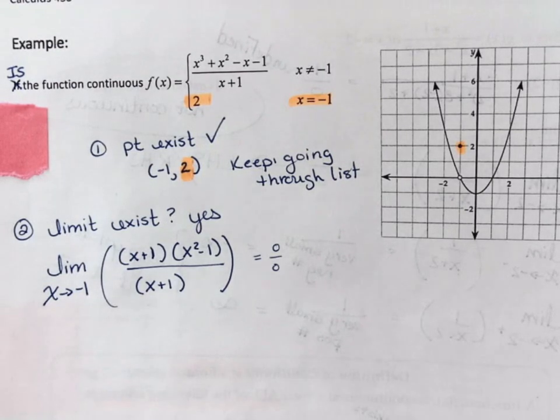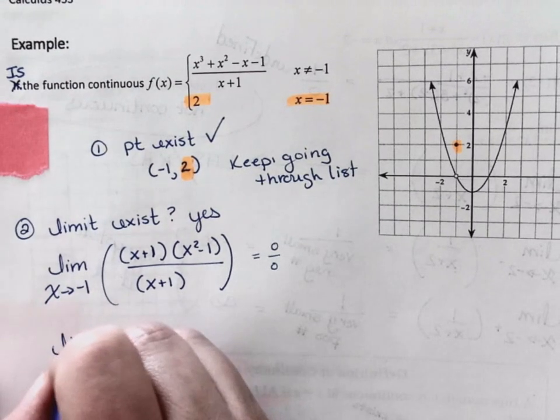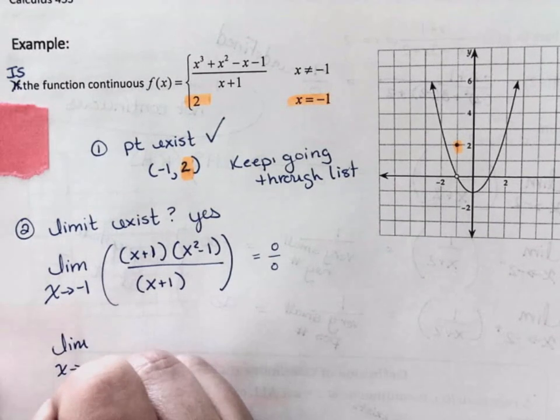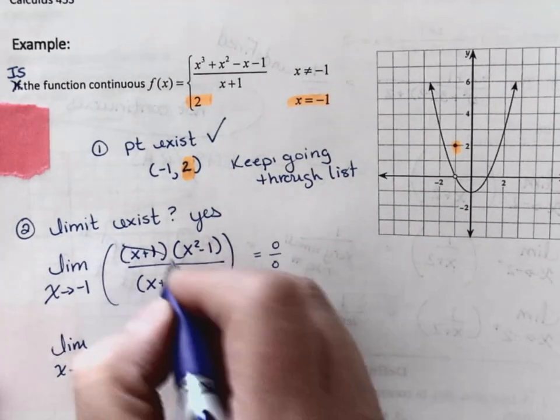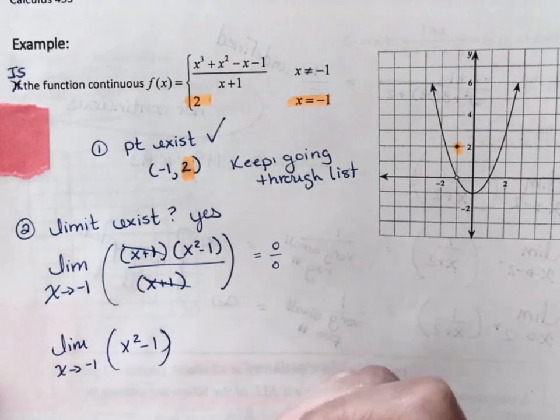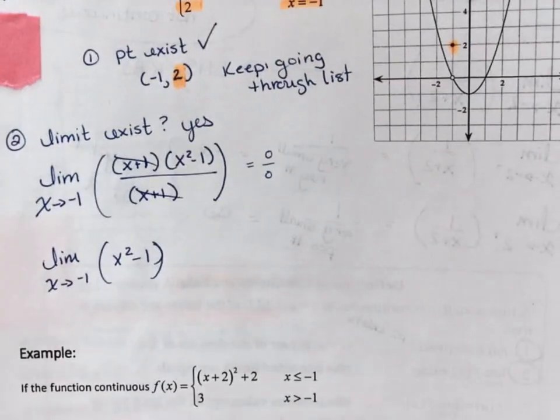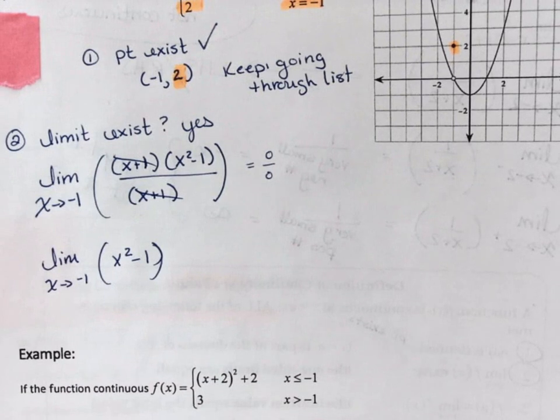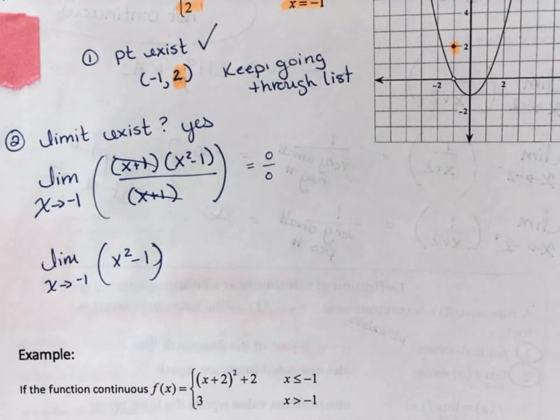So the limit as x approaches -1, the x plus 1 terms cancel each other out. So I'm at x squared minus 1. If I substitute -1 in there, is it going to work? It will give us 0.